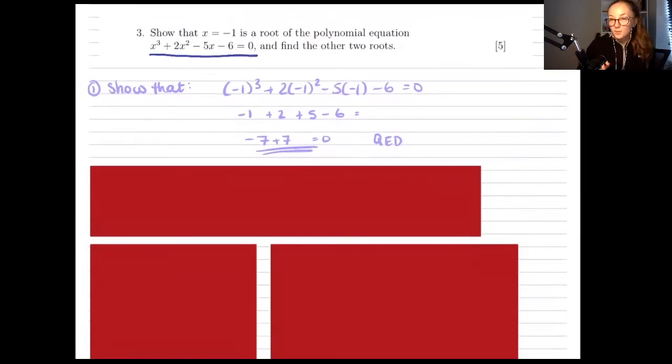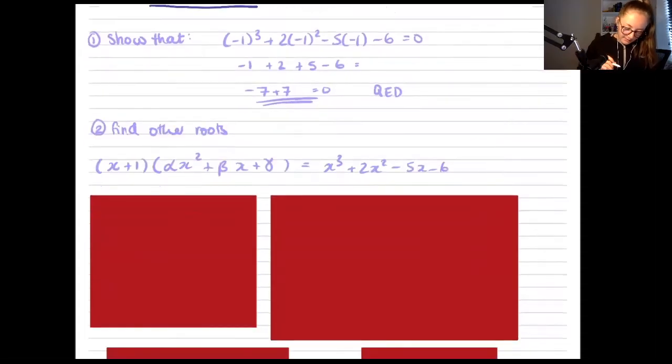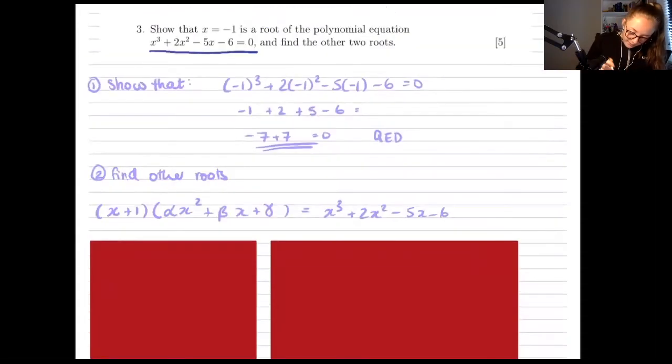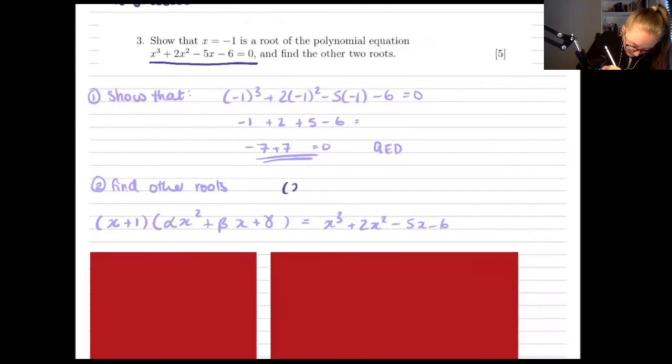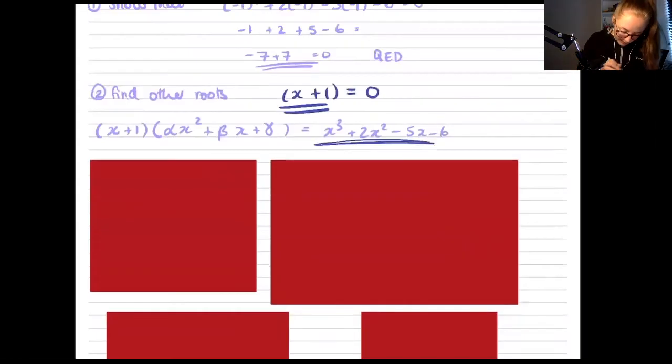For this, we need to find out what the other 2 roots are. So it's helpful here that they've already given us 1 root, because we can say that x plus 1 equals 0 is a factor. So x plus 1 is a factor of this equation. So we can factorize this equation here by popping the x plus 1 in its own little bracket on the outside.